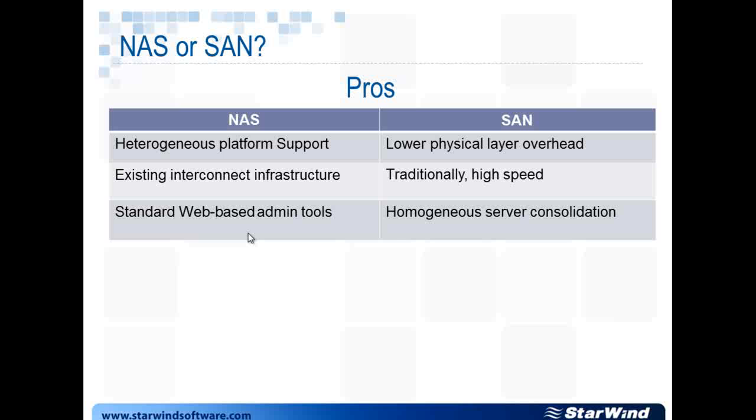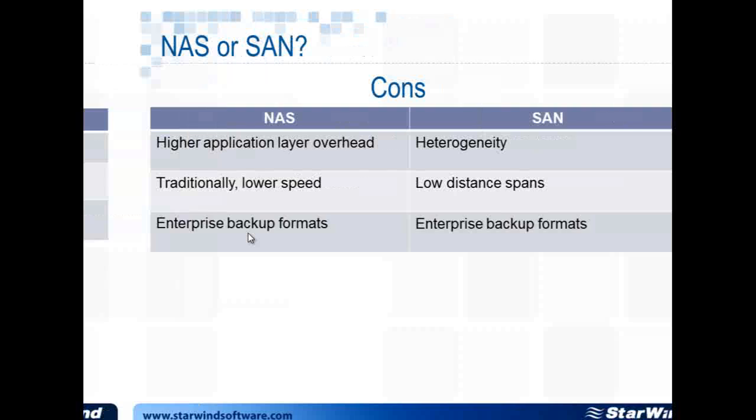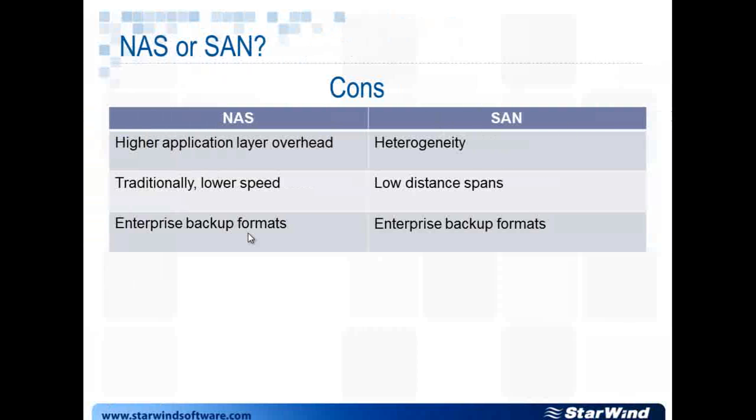And now, after the pros, there should be the cons. I think everything is clear here. NAS is slower compared to SAN, and this is a fact that NAS users just need to deal with. On the other hand, SAN has some issues when talking about a heterogeneous environment. I've mentioned this a little bit earlier, if you recall. But in my experience, I wouldn't say that this is some kind of major issue.